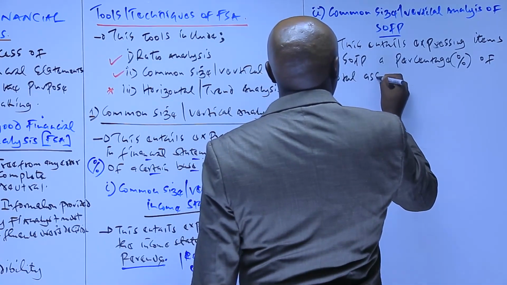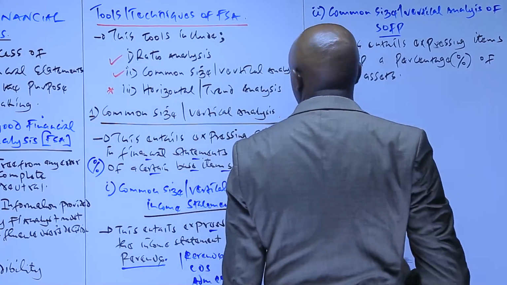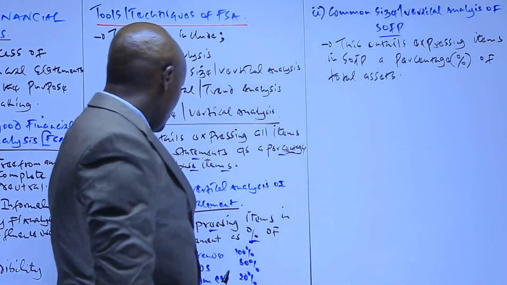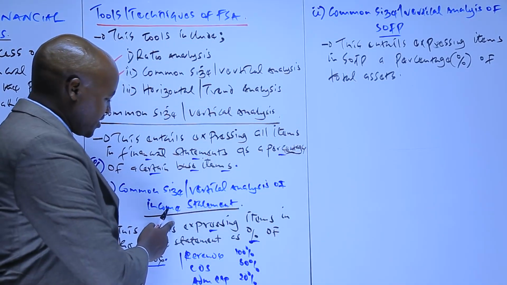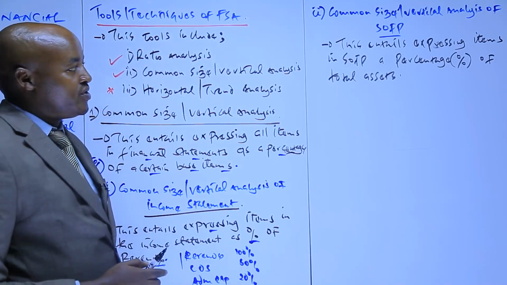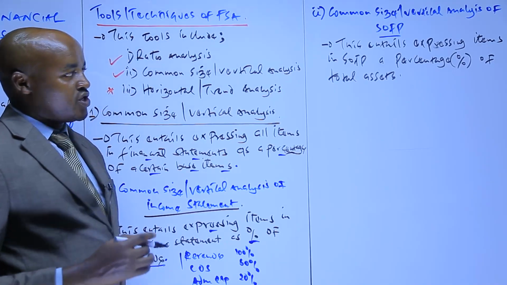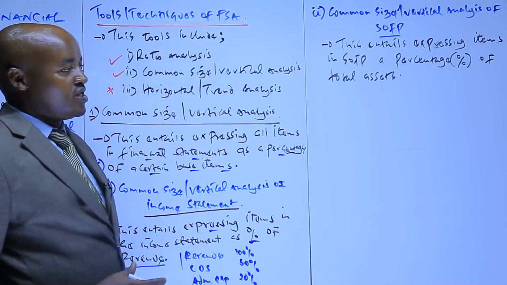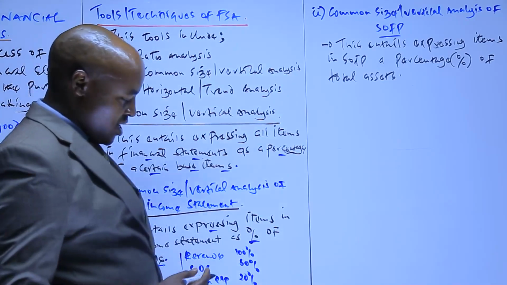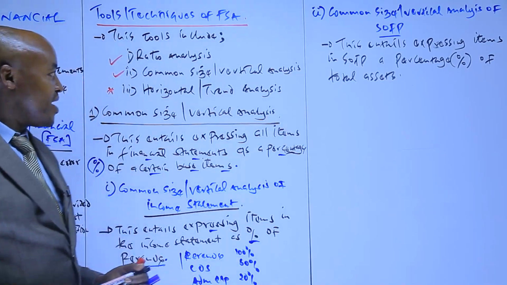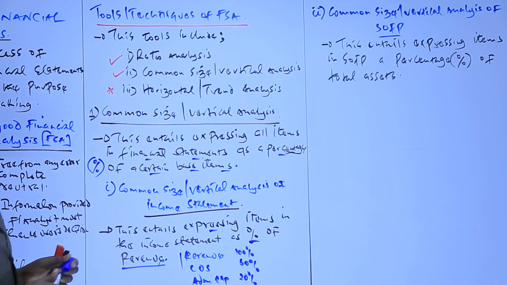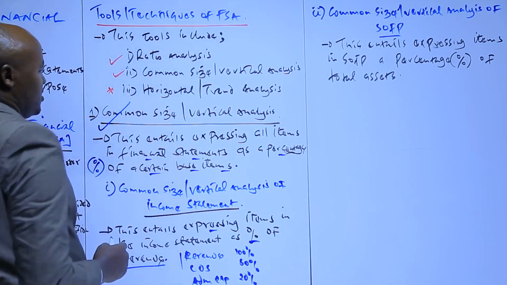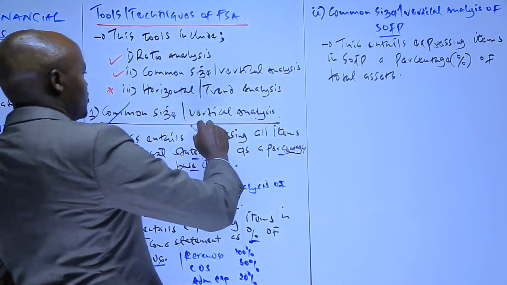And equally in this case, the objective here will be to establish the relationship between items in the statement of financial position and the company's total asset. So therefore, that's what we mean by that first tool of analysis, which is known as the common size. But equally in this case, we are saying it can also be known as the vertical analysis.